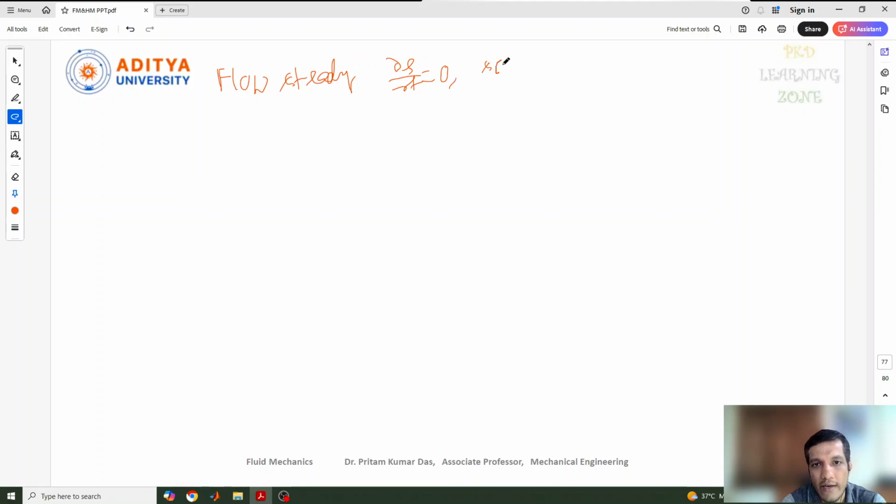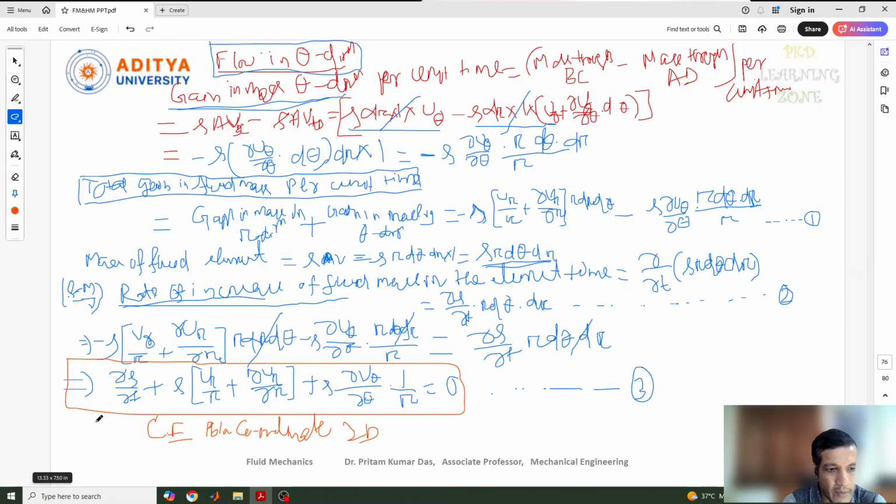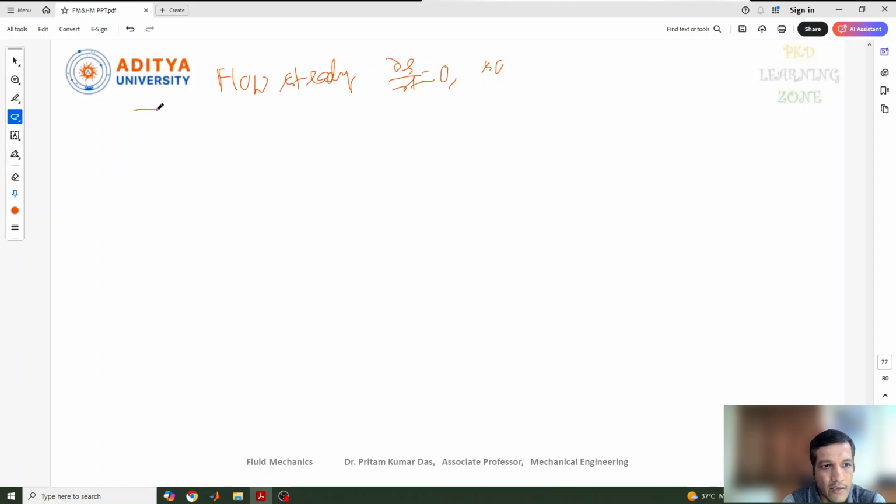So that part goes to 0, and the remaining part we can write as rho into del ur by del r into dr, plus ur by r.